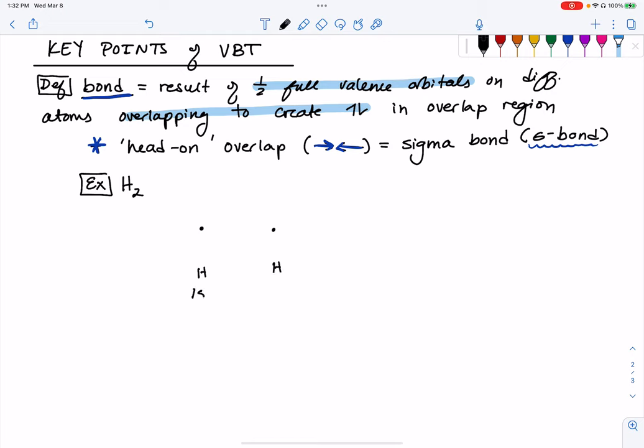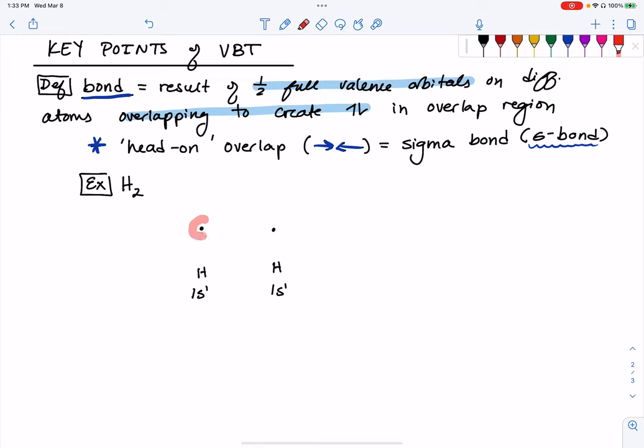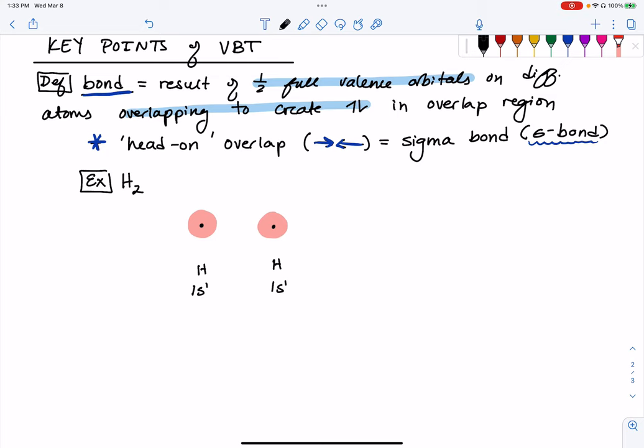Each of them has electron configuration 1s1, meaning that these hydrogen atoms have a 1s orbital, and in each of these atoms' 1s orbitals, there is one unpaired electron.